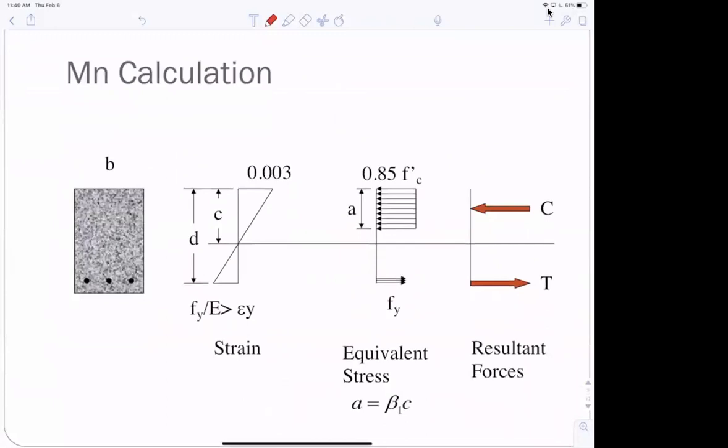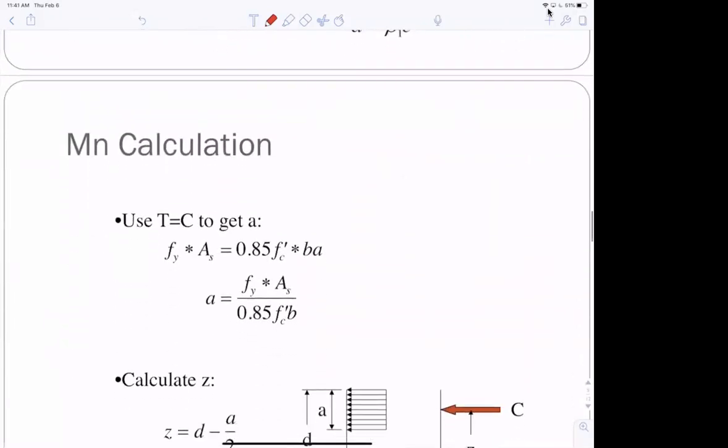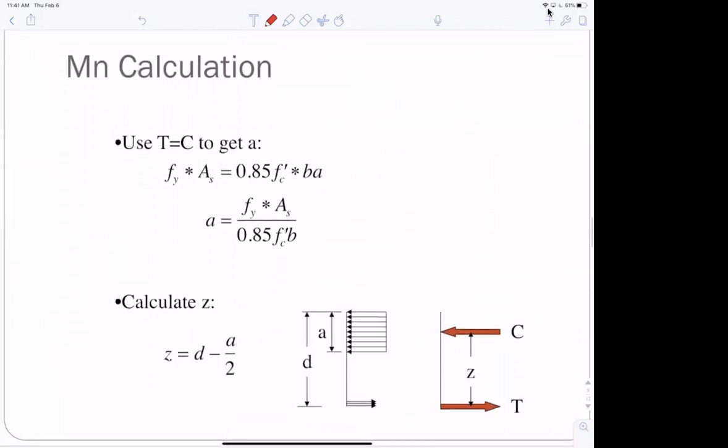Okay, so we did T equals C. Okay, so here you go. Here's the strains. You turn those into stresses, and especially remember this weird Whitney stress block, and we know this is yielded. And then we'll get C equals T, and this internal moment arm we call Z. Okay, so we use T equals C to solve for a.